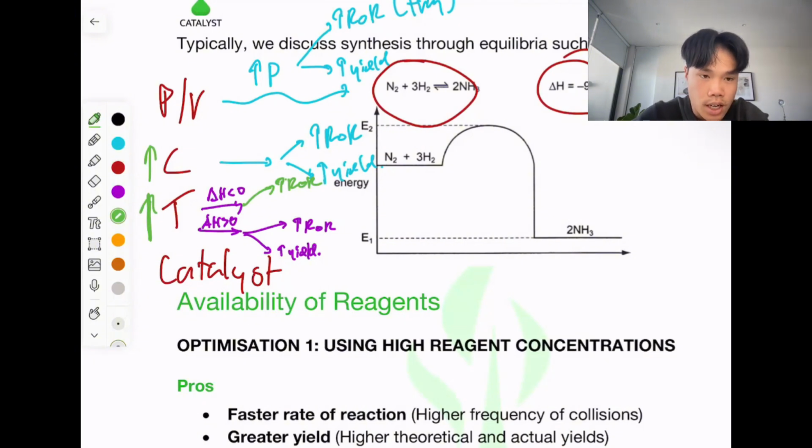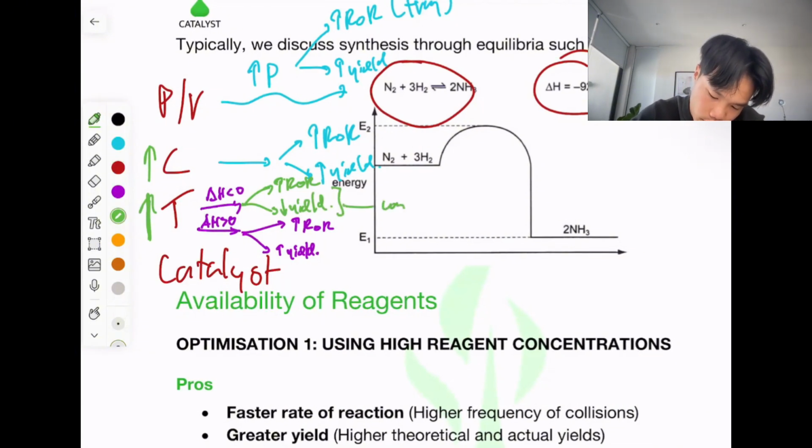If you increase the temperature and you have an exothermic reaction, you will actually decrease the yield because the reaction will shift left in order to bring back down the temperature. So this is where we want to apply compromise conditions and select a moderate or moderately high temperature.